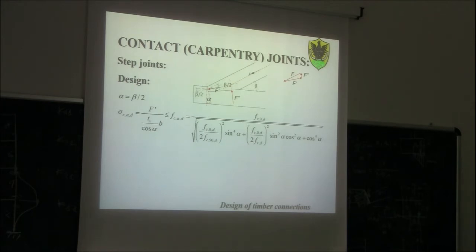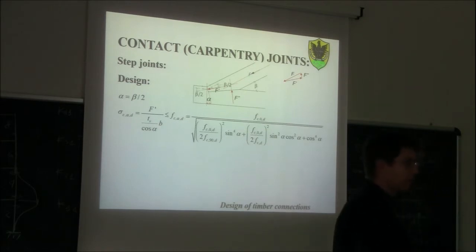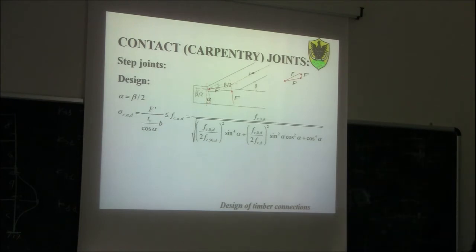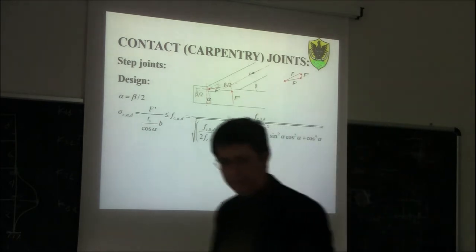With fc0d, the compression strength parallel to the grain. But since the notch is cut at an angle alpha with respect to the vertical direction, we need to compare with fc alpha d, the design compression strength of timber at an angle alpha to the grain.